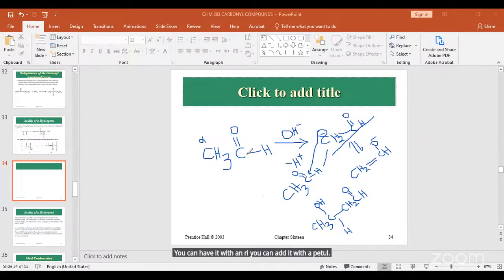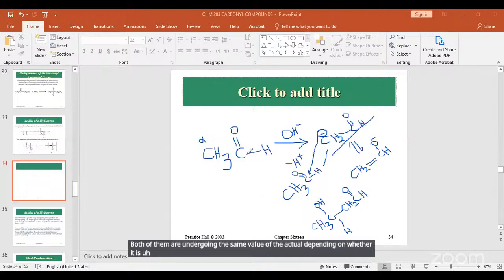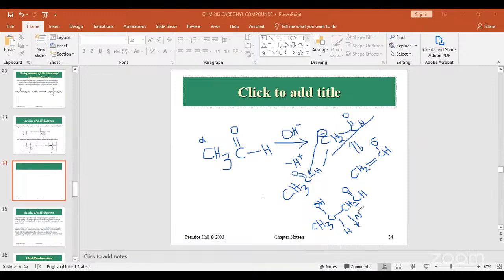Both of them undergo the same kind of reaction, and whether it is an aldehyde or a ketone, the reaction will still follow the same pattern. And now we also need to understand that this particular aldol product can undergo dehydration, minus water, in the presence of sodium hydrogen sulfate.